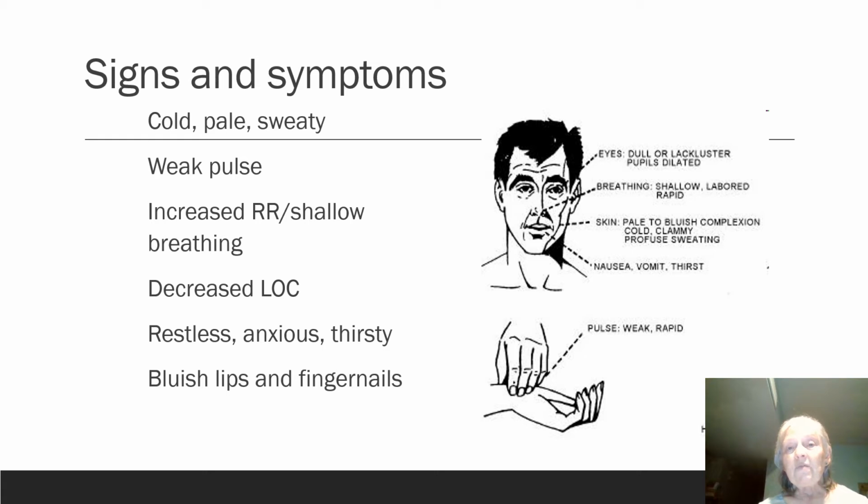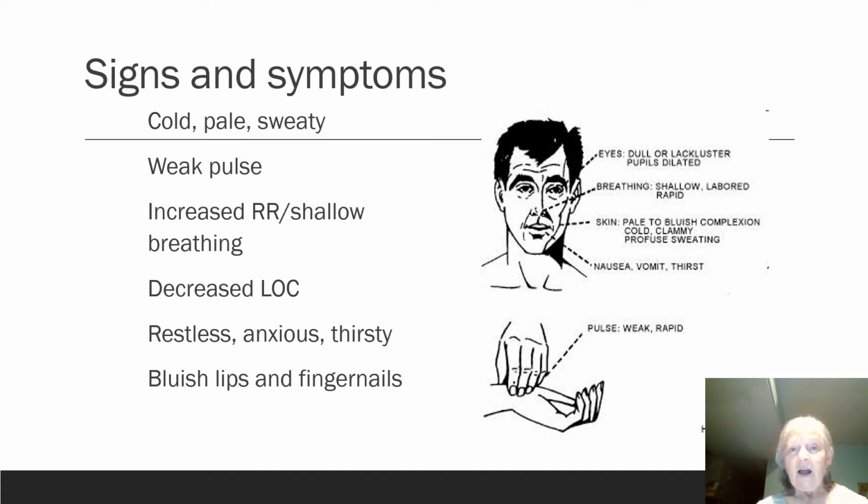Decreased capillary refill is another one. Remember, capillary refill, less than 3 seconds is what you're looking for. This one is much, much longer. In some cases, you can end up with an increased or decreased jugular vein pressure at this particular point. Pulmonary edema. We don't think about shock causing pulmonary edema, but sure enough, it can.